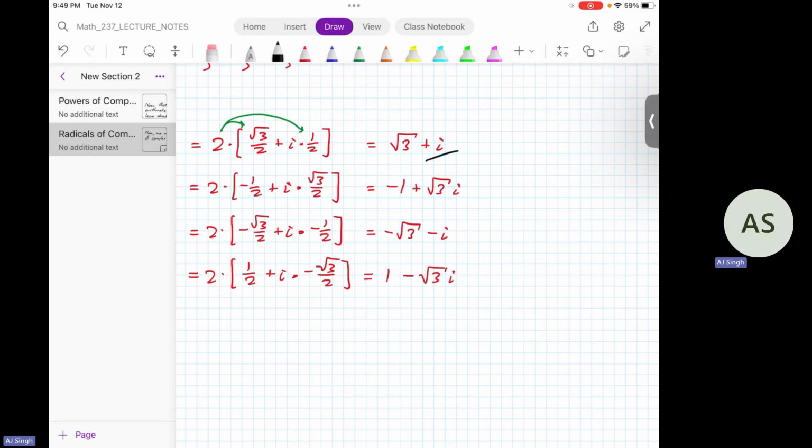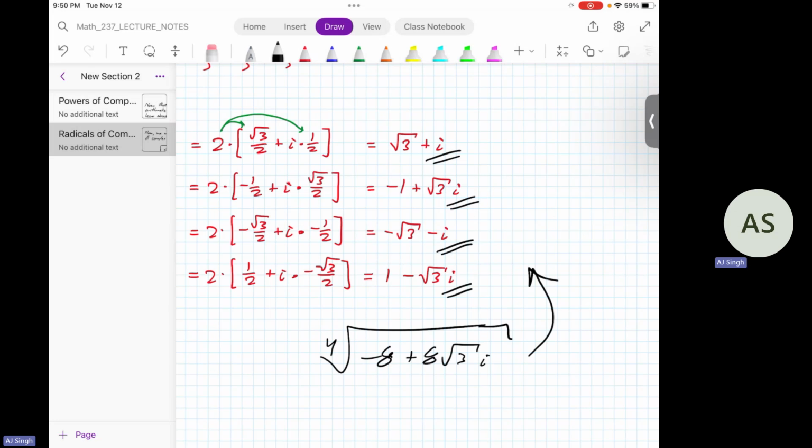There we go. These are the 4 fourth roots of this complex number, those guys. And there's 4 of them, like we expect. And if you add them all up, everything will cancel out and you get 0. So that's good.